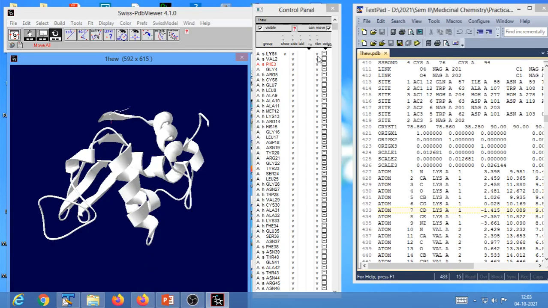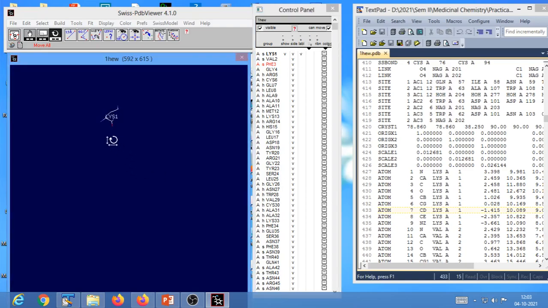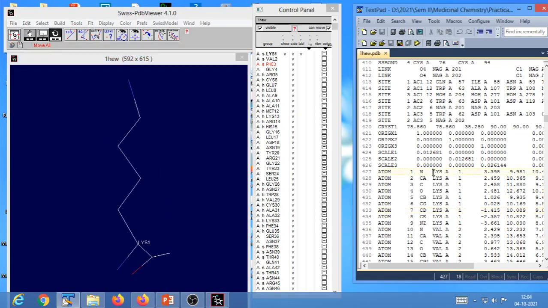Let me hide this ribbon and focus only on our lysine residue by labeling it. Here we have labeled our lysine group. Let us zoom in on this lysine molecule. In this way, you have labeled this much portion of your PDB file.